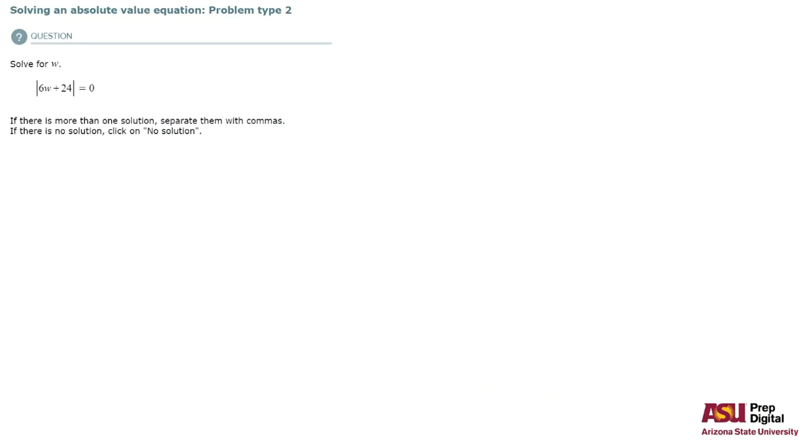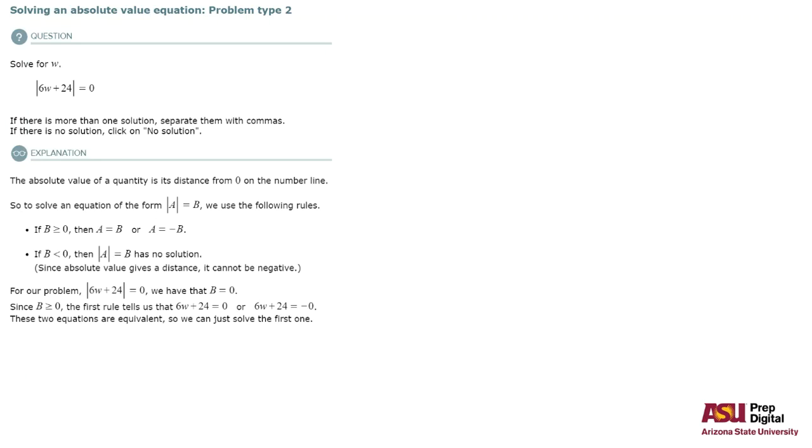Here's one that is a little bit more complex. We're going to split this into 2 different problems. The absolute value of a quantity is the distance from 0. To solve an equation in this form, we're going to use the following rules.